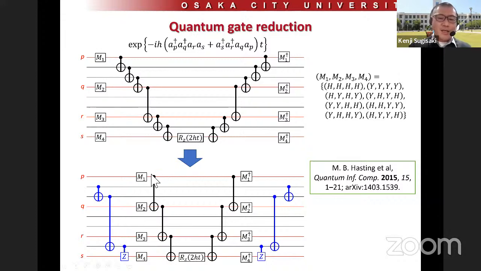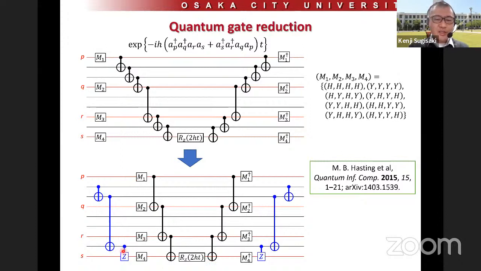The string of Z gates inside of the M operators affects only qubits P, Q, R, and S. And the string of gates acting on the two qubits between P and Q, and one qubit between R and S are located outside of the M operators.